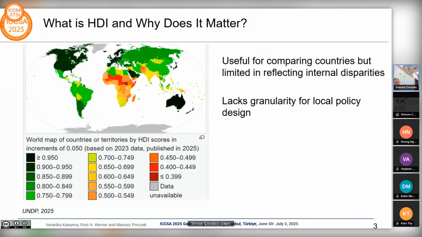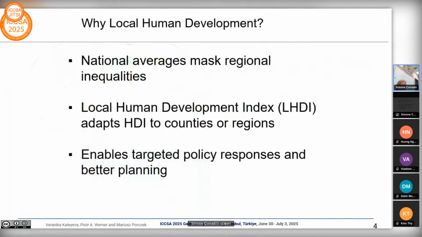So the Human Development Index, like other national-level indicators, often hides regional disparities. And local governments need more granular data to inform policies, investments, and social programs in their countries.